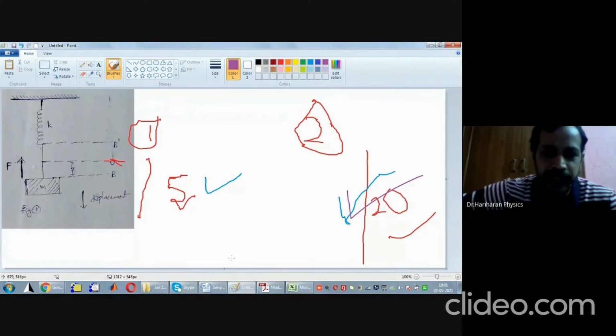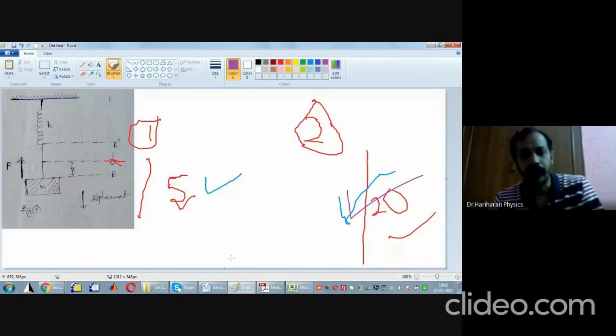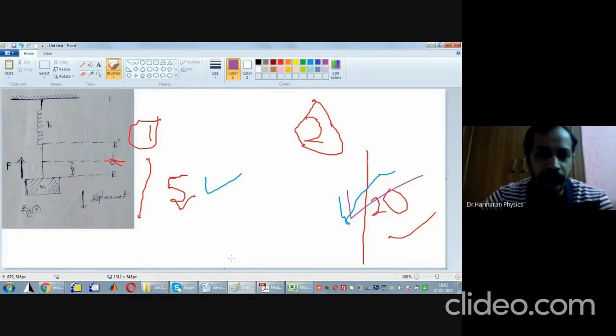Okay, big distance, and if you leave, what will happen? The rubber band will come and rebound on your hand with a bang, with a large force. Correct? Am I right? If you expand it by a large distance and leave, it will hurt you because it is going to come and bang your hand with a larger force.